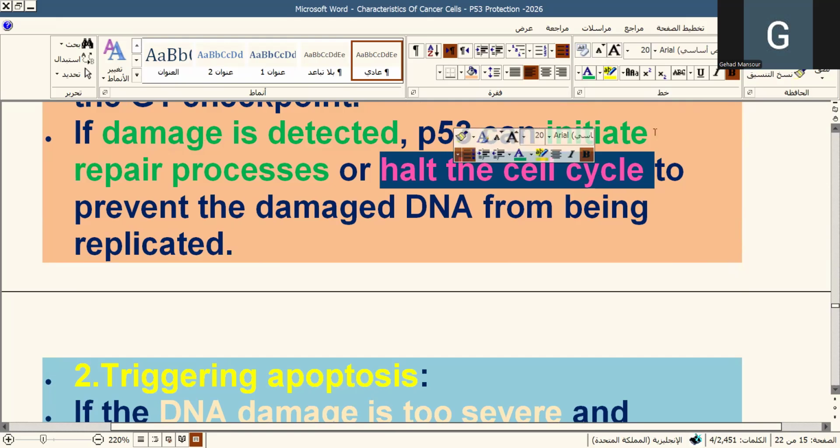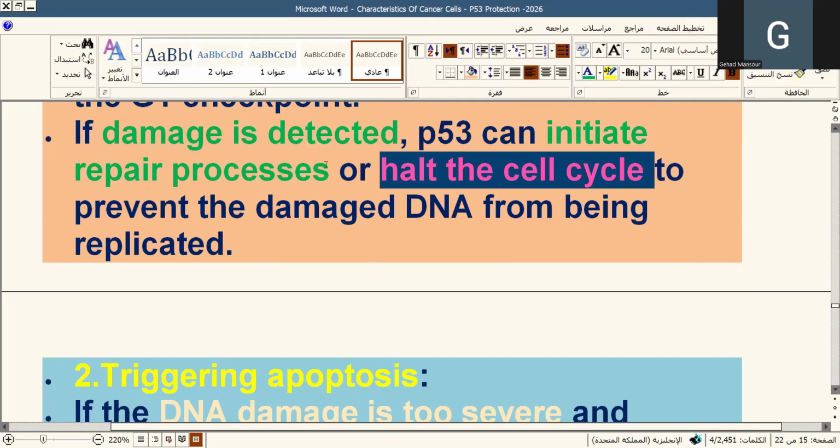So even when we want to repair DNA, we need to stop the cell cycle first in order to start the repair process, and therefore allow only cells with intact DNA to undergo mitosis and give rise to identical daughter cells.